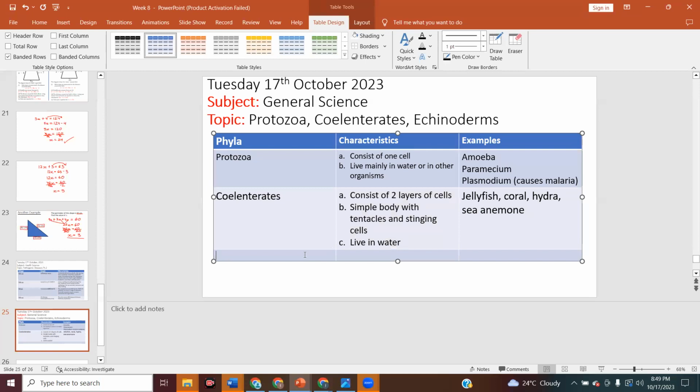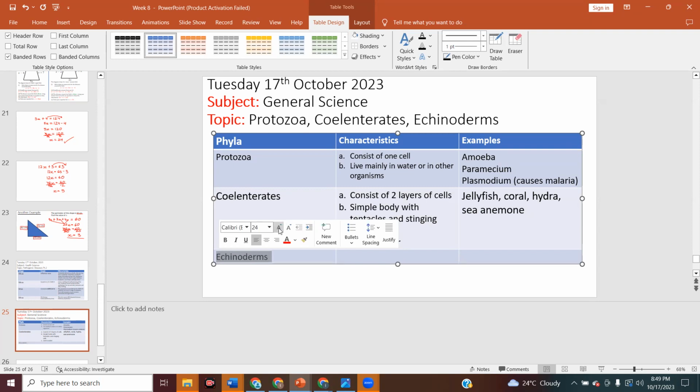Now, the last one we talk about, so protozoa, coelenterate, and then the last one is echinoderms. These are also pretty too. We had a lot of ugly animals in the past weeks. It's good to have some refreshing ones that are beautiful.